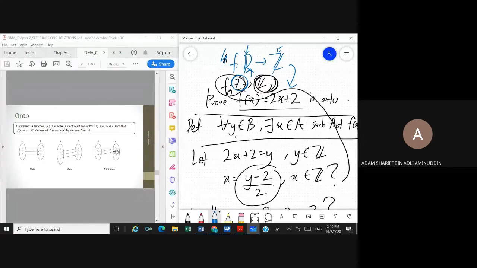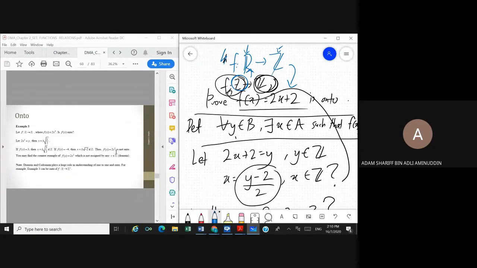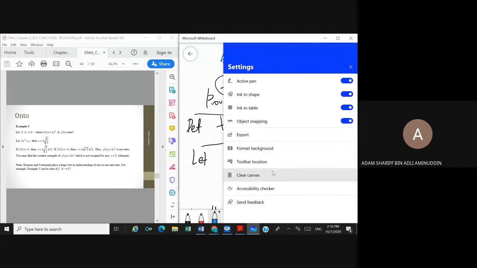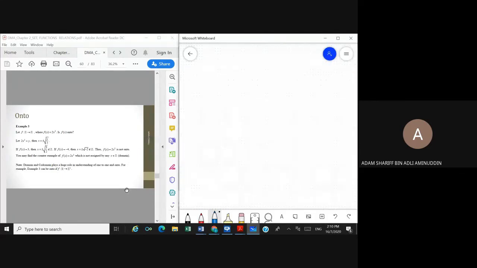I will show you one more question of onto. This time it involves x squared. Okay. Let f from Z to Z such that f(x) = x squared.